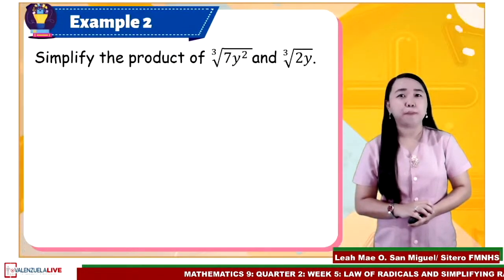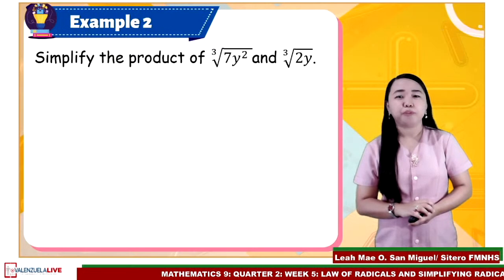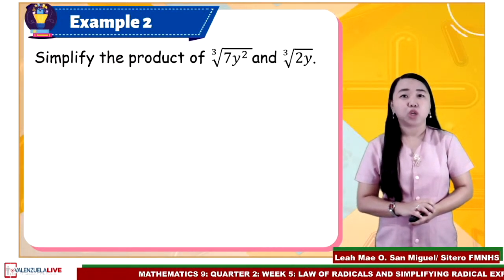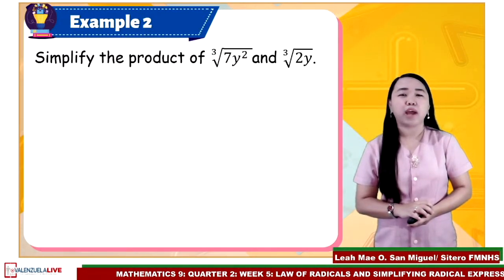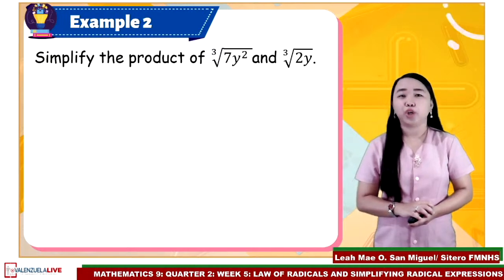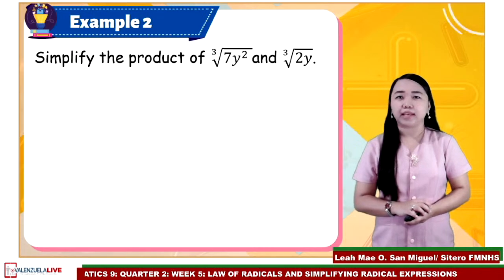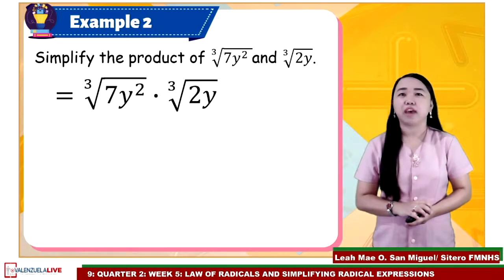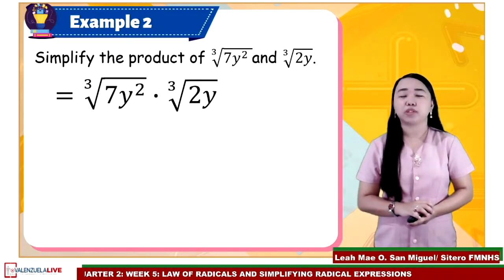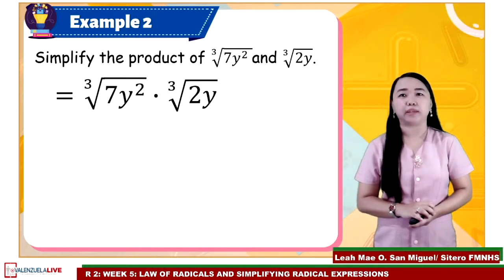Example number 2: simplify the product of the cube root of 7y squared and the cube root of 2y. We can write it as the cube root of 7y squared times the cube root of 2y.